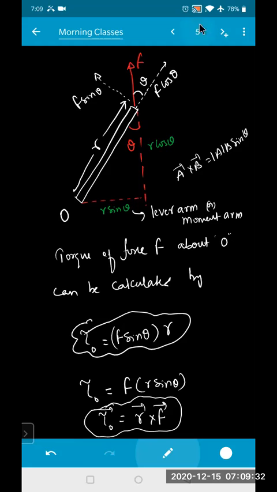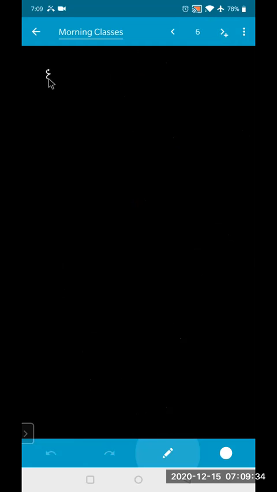So now, tell me the forces acting on this one. Let me give you an example. Say there is some axis like this, which is fixed, and this is the handle.